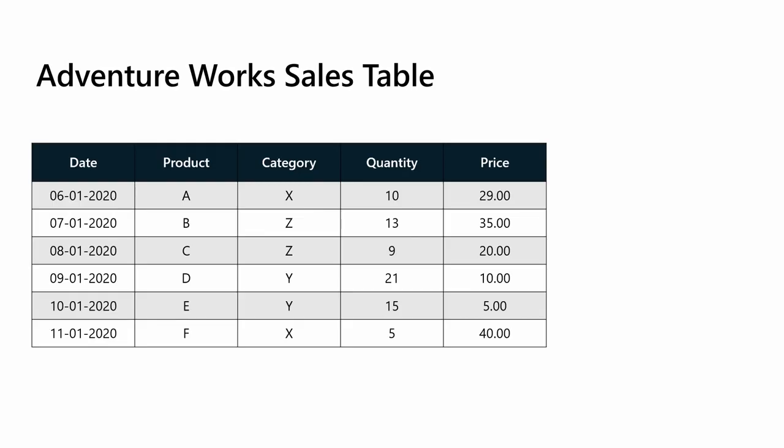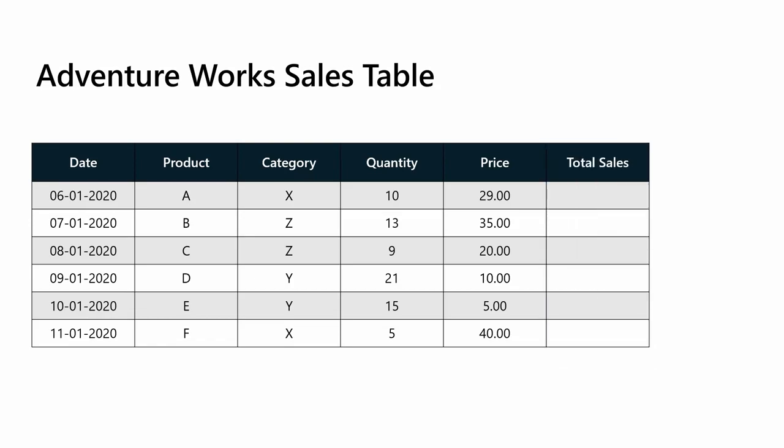Let's demonstrate the concept using AdventureWorks sales table. The table contains sales data for multiple products over 1 month, stored within the following columns: date, product, category, quantity, and price. AdventureWorks wants to create a total sales calculated column that shows the total sales data for each product in the table.